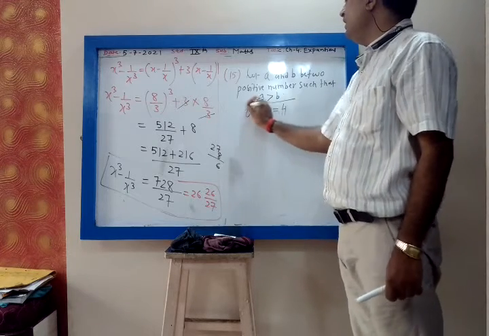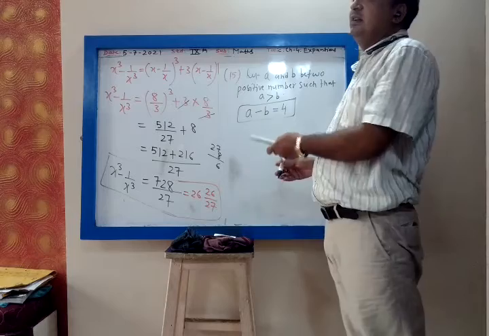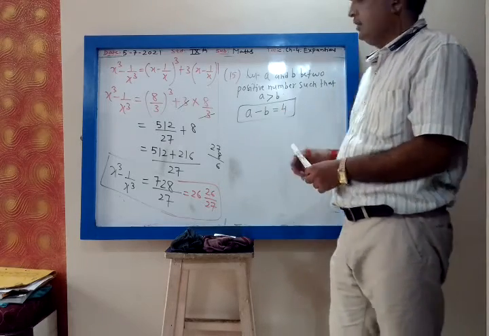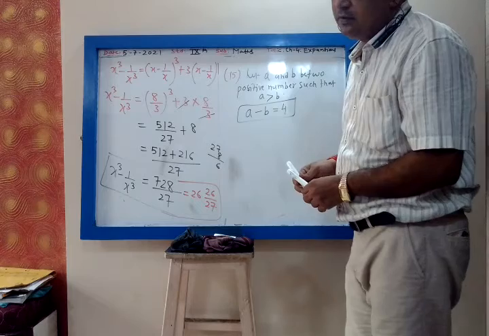Because I have taken A greater, I will write A minus B. If you take B greater, then you will write B minus A. Okay, that's all.